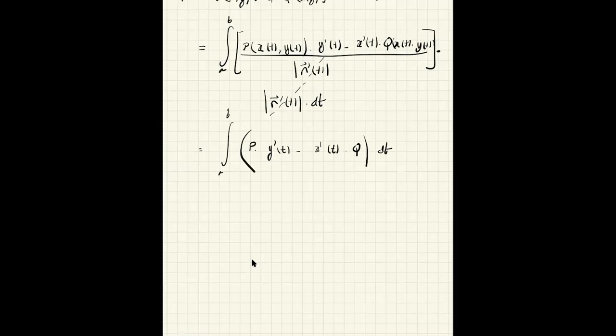Now when you multiply y prime by dt, it gives you p dy minus q dx.